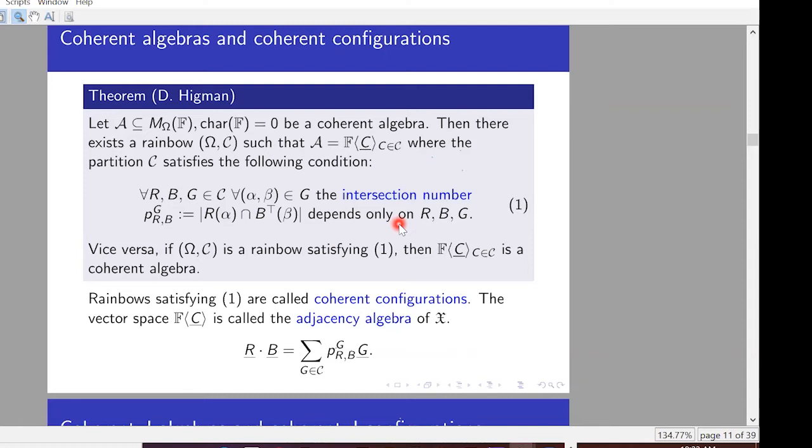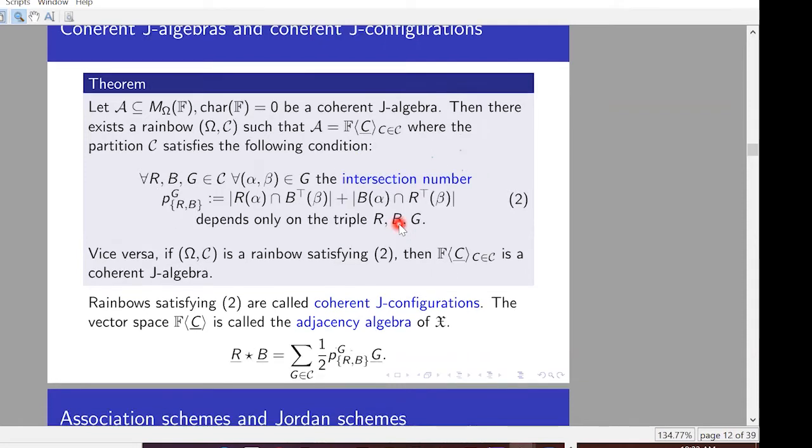Now you can ask what happens if we deal with coherent Jordan algebras, and actually we have the same situation there. Just the intersection numbers are defined in a different way. Okay, here it goes. Assume we have a coherent Jordan algebra.